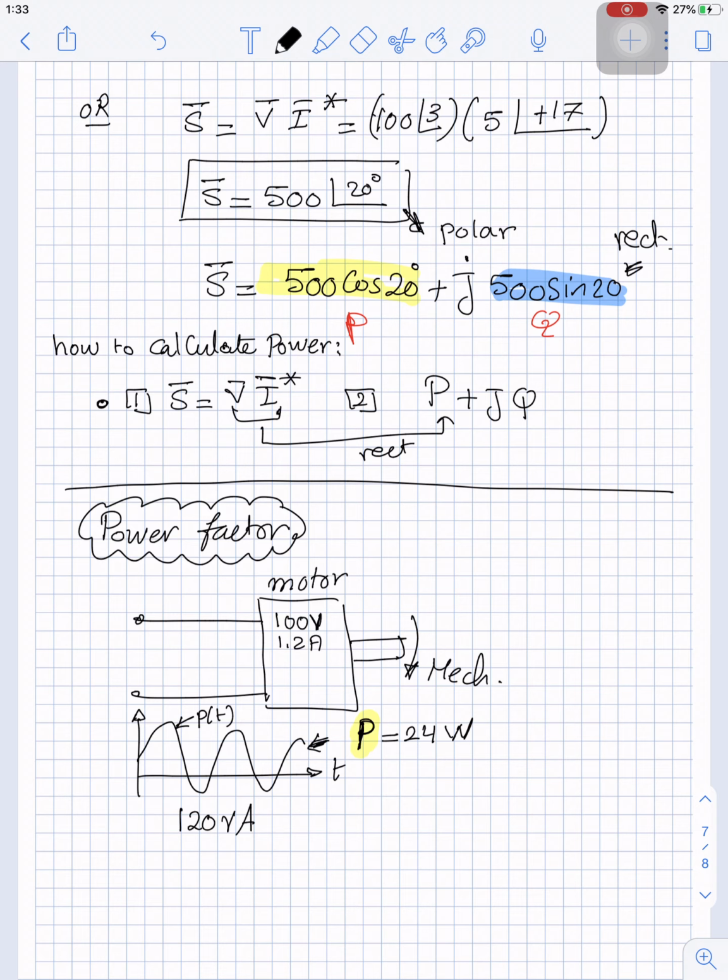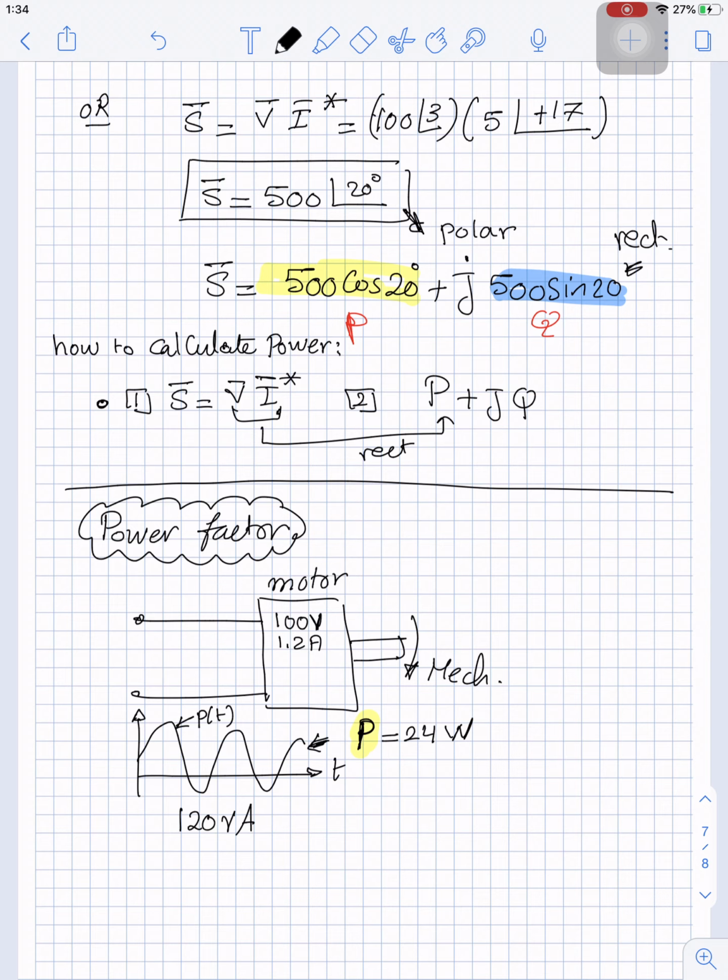When you multiply 100 volt by 1.2 ampere, it's 120 volt ampere. This is the apparent power. But the active component that you will see from the motor is just 24 watt, which is 20%. So of the apparent power, the power you see on the motor, just 20% is productive, is active.